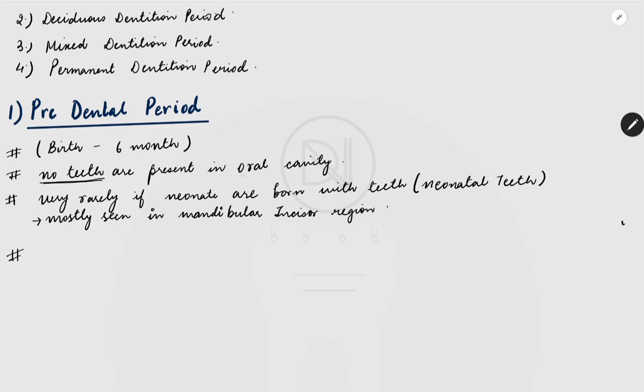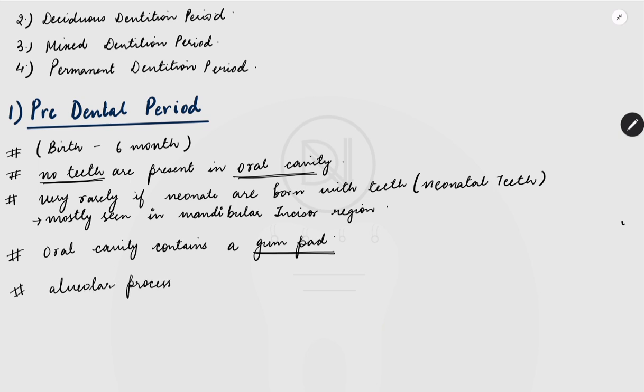So how does the oral cavity look? The oral cavity contains a gum pad. So here, what is a gum pad? Gum pads are nothing but the alveolar process, these are the alveolar processes at the time of birth, and are called gum pads.